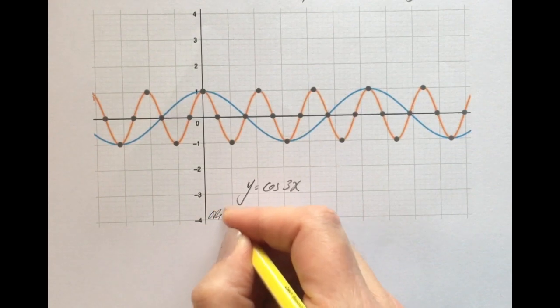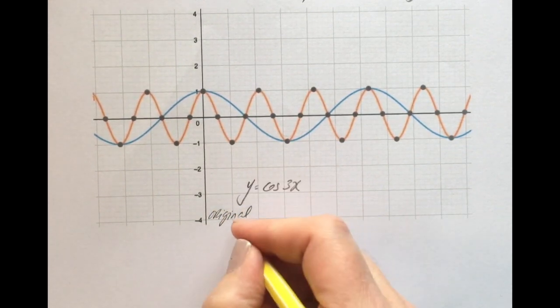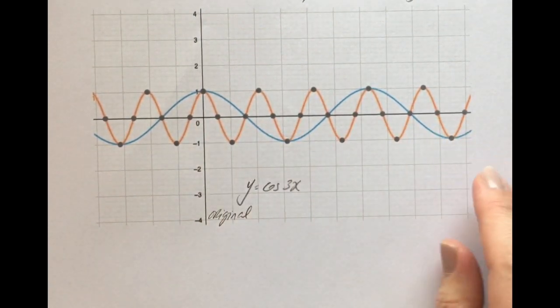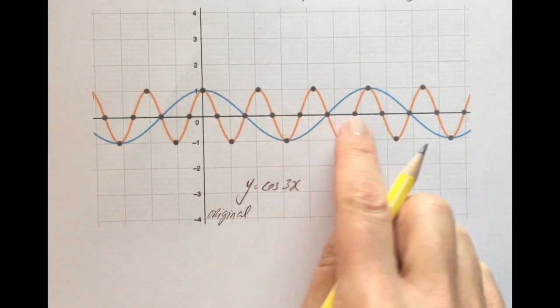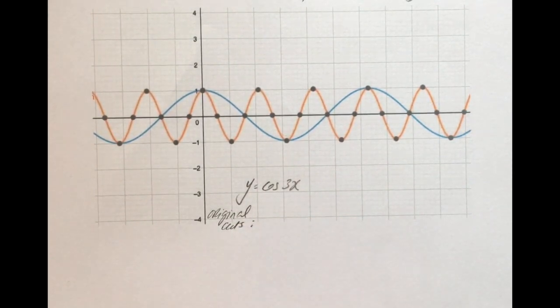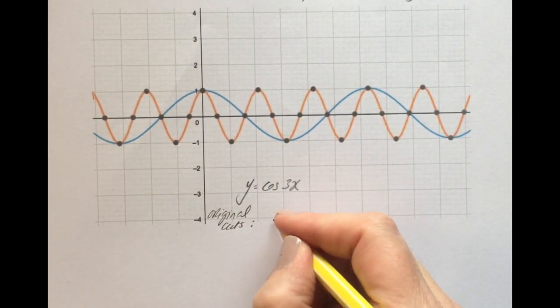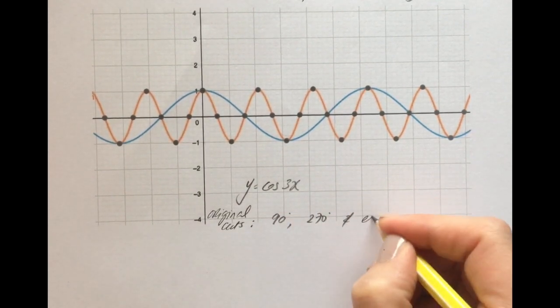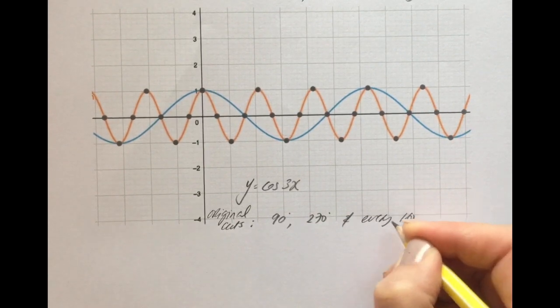And if we're to analyse, of course, the cuts on the x-axis, which aren't clearly written out there, and this is often a question where you have to identify what these points are. So again, all you need to remember are your original cuts with your y equals cos x curve, which of course are 90, 270, and every 180 degrees after.